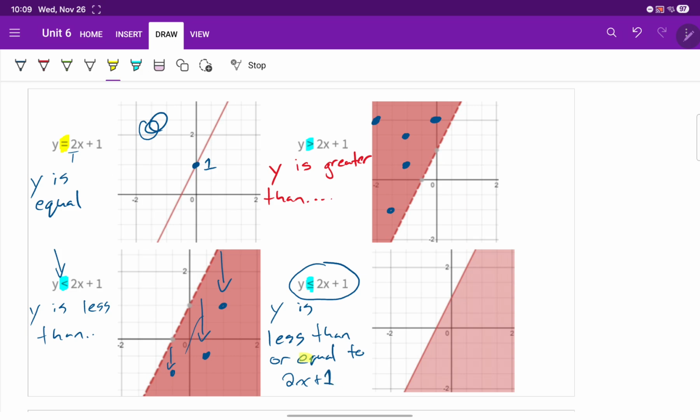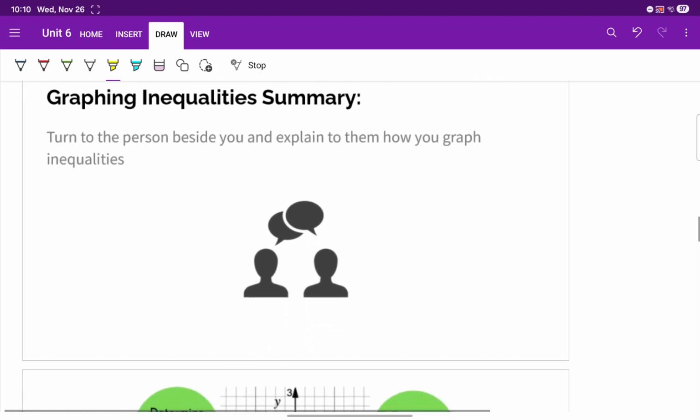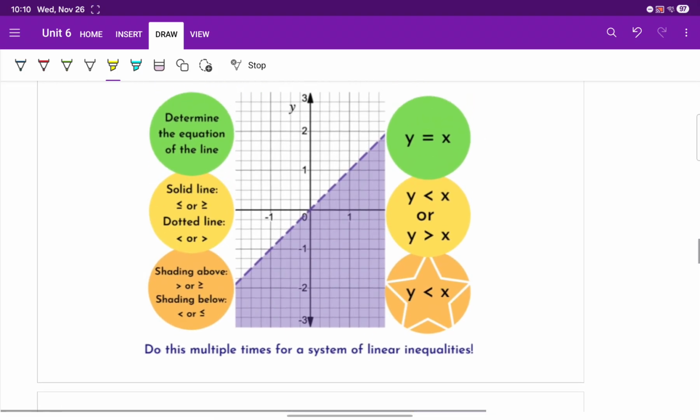Notice the equal to part tells me that my line is going to be solid. If it doesn't have the equal to part, we're going to do a dotted line. So these are the two key differences to graphing inequalities.